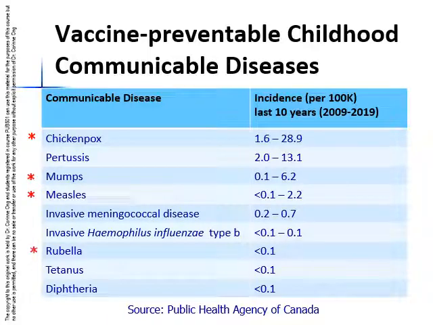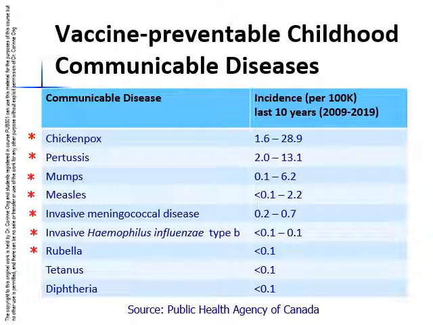If we look at the incidence rates of a number of vaccine-preventable diseases over the past decade, chickenpox tops the list with a range of 2 to nearly 30 cases per 100,000 population. Pertussis, mumps, and measles have lower incidence rates, whereas the incidence rate of invasive meningococcal disease has been less than 1 case per 100,000.